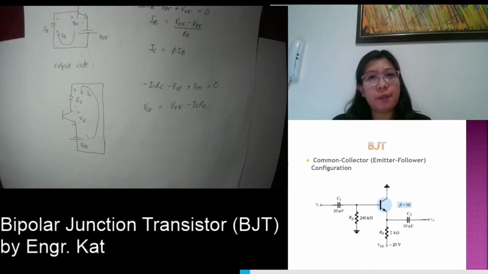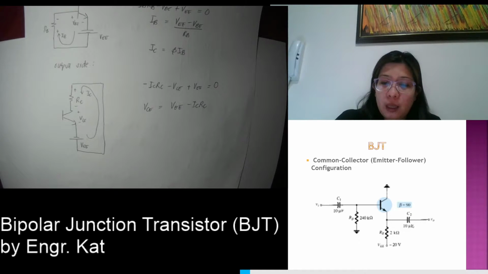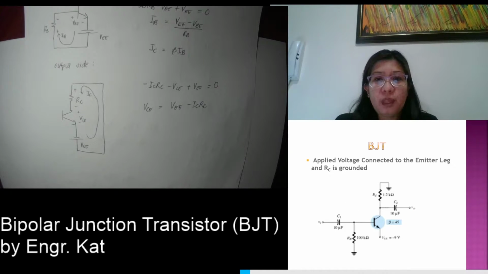The DC parameters are still your DC currents and your DC voltages. So what is the difference between this one and the one which has the source located at the emitter? The difference is, where are we going to measure your output voltage? In the previous example, the output is still measured across your collector.